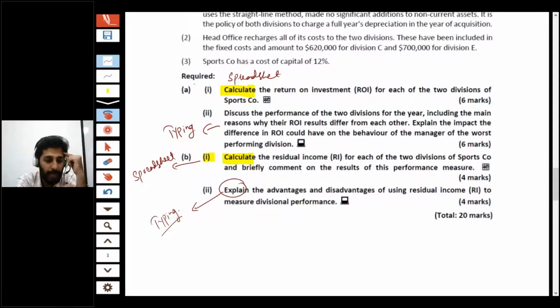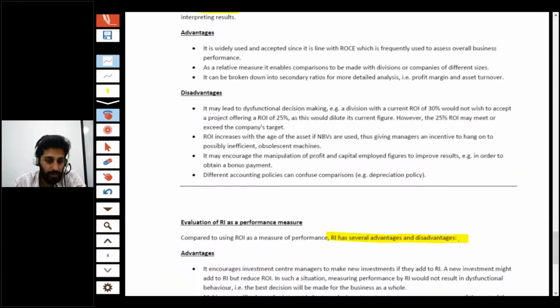Number 1, part A, part 1. Calculate return on investment for each of the 2 divisions of a sports company. For that, we need to go through the question.